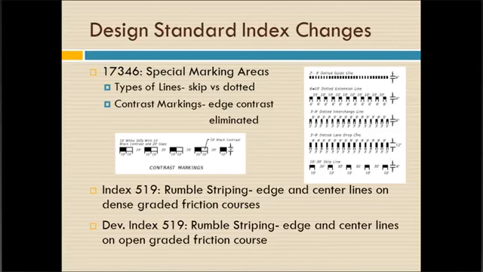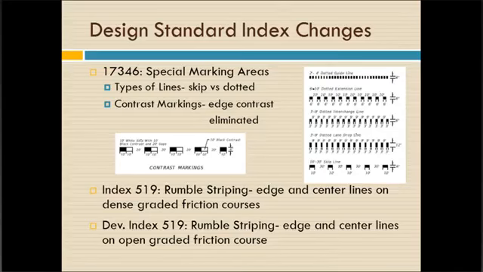Okay, the other major change that we've made to the marking patterns: we used to have two contrast marking styles. What you see on the screen is 10 feet of white followed by 10 feet of black. This is just showing the contrast for a 10-30 skip.